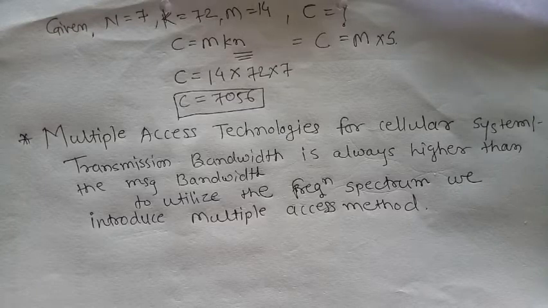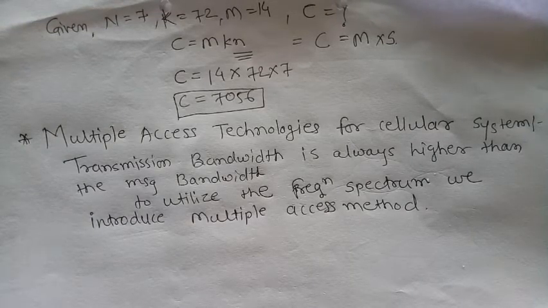Means the message bandwidth is low, the transmission bandwidth is much higher. That's why we can transmit a number of messages, or multiple frequency bands, at the same time. So the ability of the system to carry many signals at the same time is called multiple access.